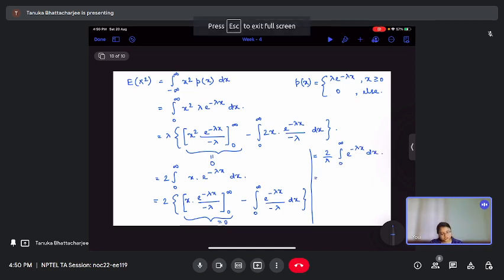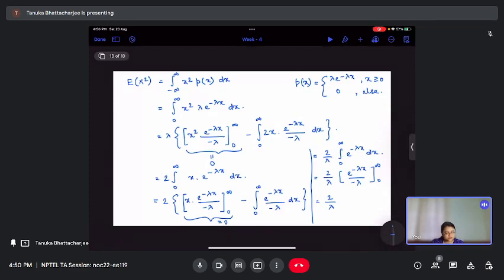Now, if we do this integration, we get, which is equal to, if you put infinity, this is 0. If you put 0, this is minus 1 by lambda, minus minus becomes plus. So, this is 1 by lambda. So, you have 2 by lambda square. This is the expectation of x square. So, expectation of x square for the exponential distribution is given by 2 by lambda square.